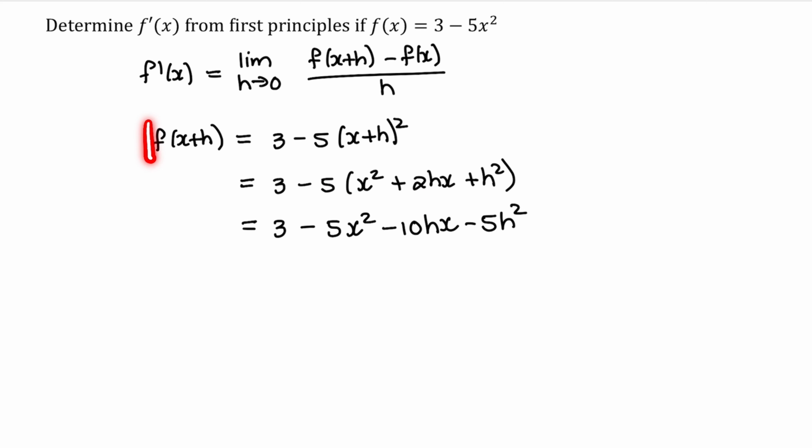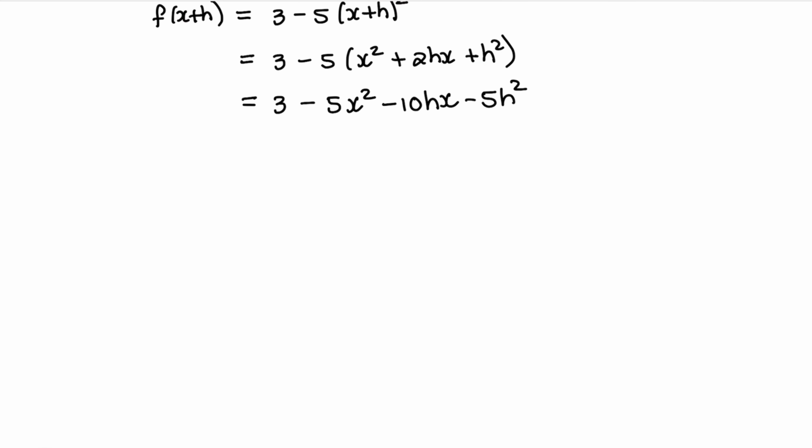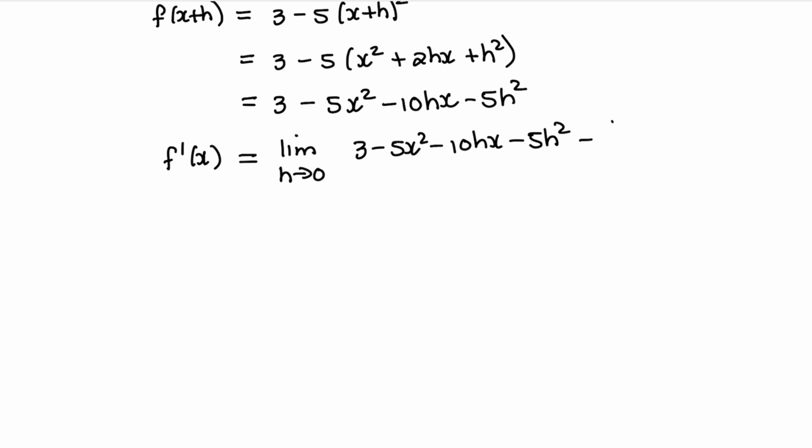Now that I have f(x + h), I will substitute both f(x + h) and f(x) into my formula for the derivative. So therefore, f prime of x is equal to the limit of h towards 0 for f(x + h), which is 3 minus 5x squared minus 10hx minus 5h squared, minus f(x), which is 3 minus 5x squared, over h.